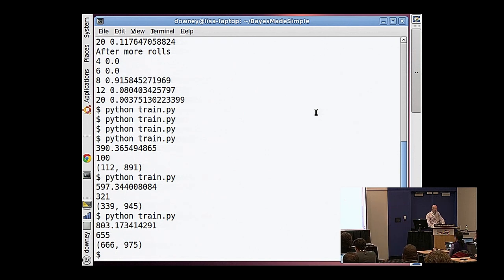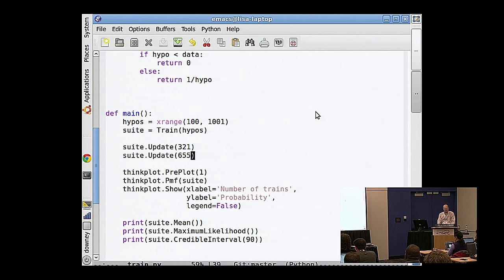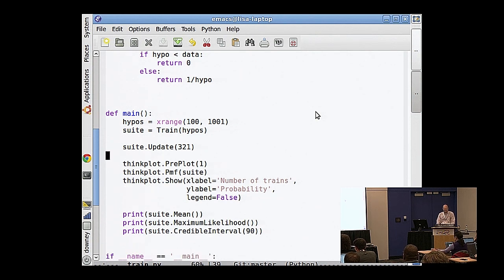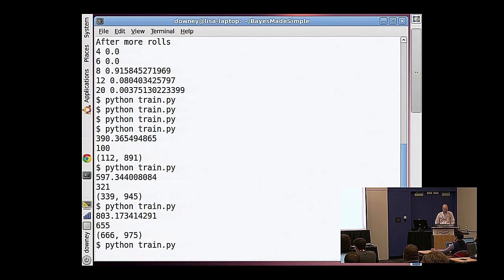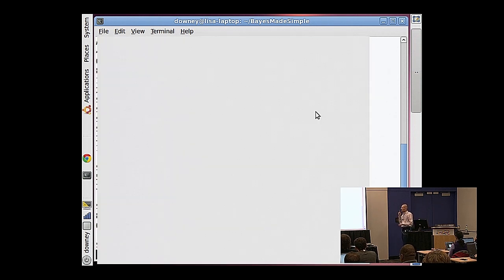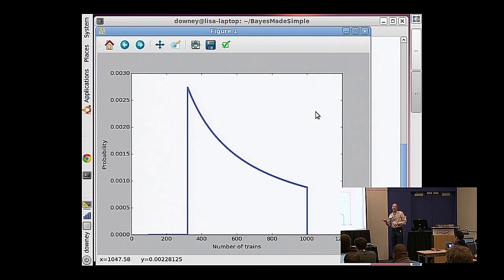Now, to answer the question I got a second ago, let me just go back to the original scenario. And the question was why my confidence interval does not contain the most likely choice. It's a 90% confidence interval. I chop off 5% of the probability from the left and from the right.